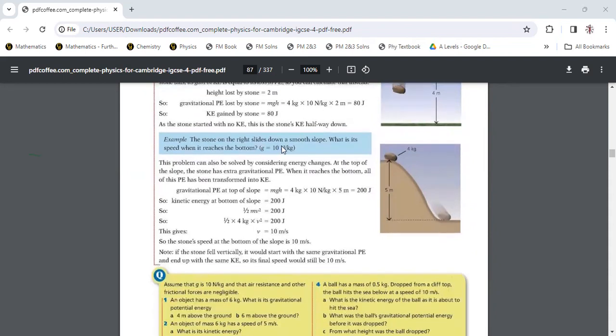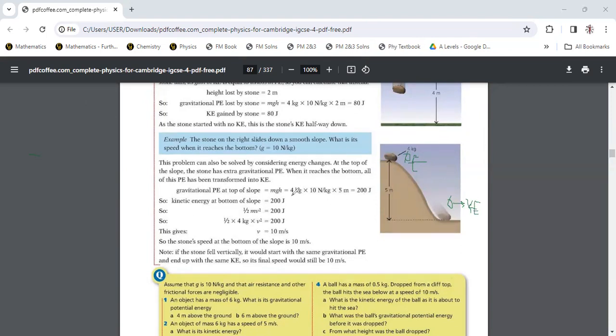The stone on the right slides down a smooth slope. What's the speed when it reaches the bottom? We will only take 2 energies into consideration. We have potential energy at the top, and at the bottom, comparatively to the top, we have already lost all our potential energy. It is all converted to kinetic energy, assuming no other forces act. Because when they say it's a smooth slope, there's no friction. You do not need to be worried.